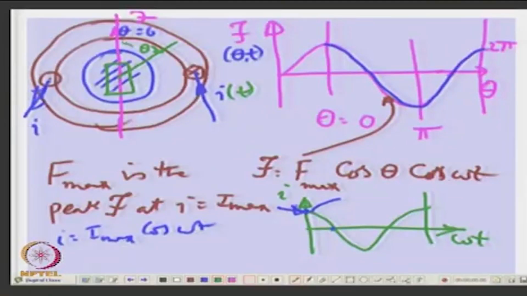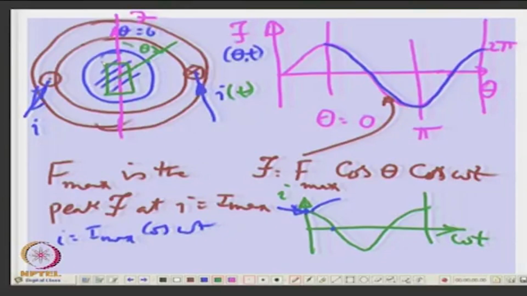And at any given position, there is an MMF, but that will also vary with time. At any position theta, the MMF is what? It is the potential between the stator and rotor surface. That potential goes on changing with time. Okay.